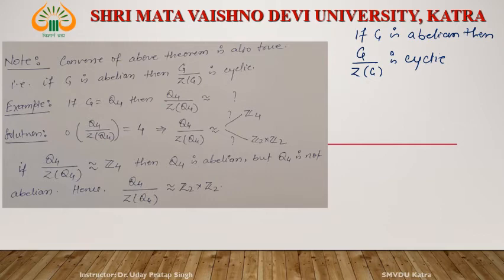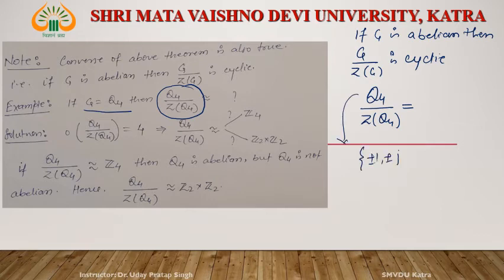Now let us see some examples based on the above theorem. If G is Q4, the quaternion group, then what is the structure of Q4/Z(Q4)? We know that Q4 is {±1, ±i, ±j, ±k}, and Z(Q4) is {1, -1}.